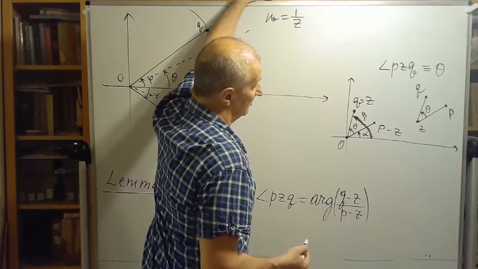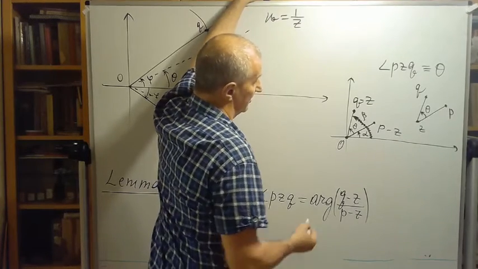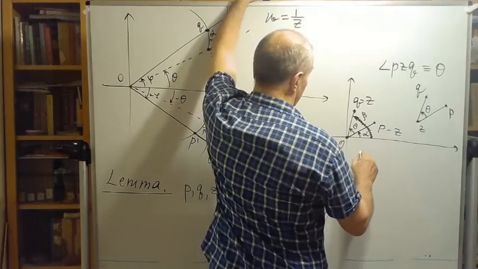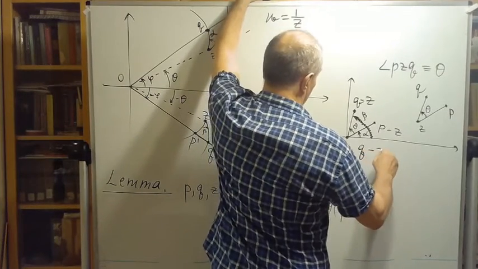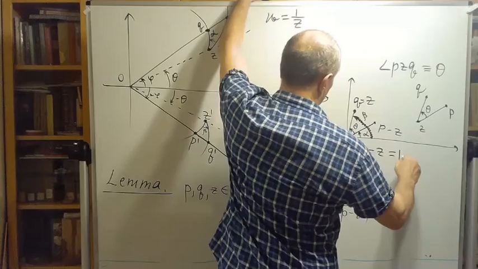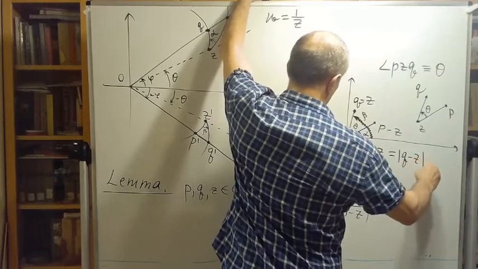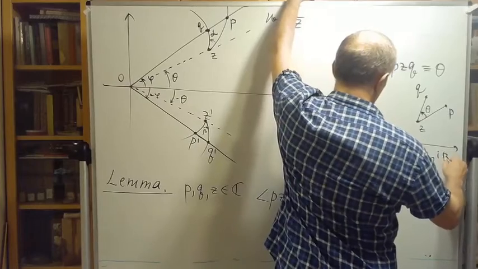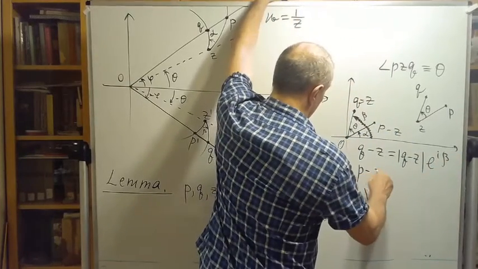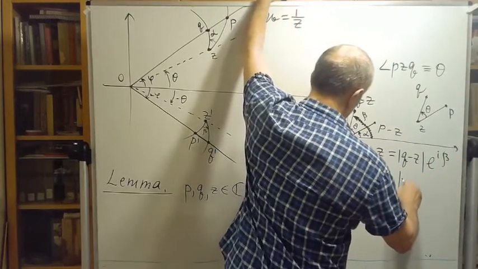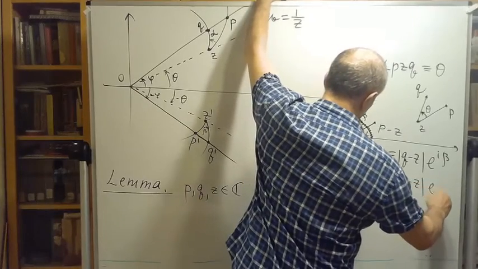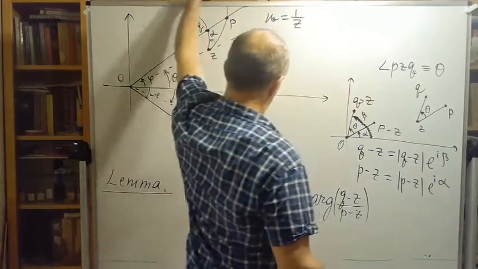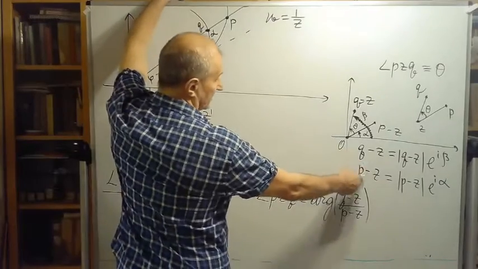So you know the rules of multiplying and dividing complex numbers. If I say that Q minus Z equals modulus Q minus Z e to the power I beta, and P minus Z is modulus P minus Z e to the power I alpha, I divide this by this.